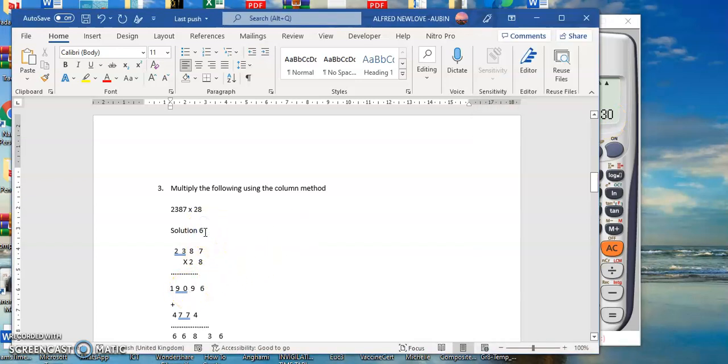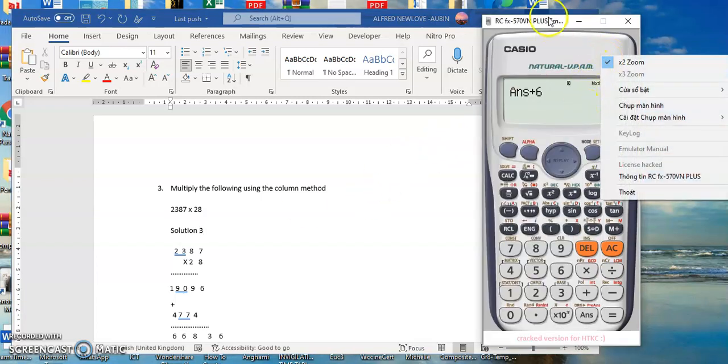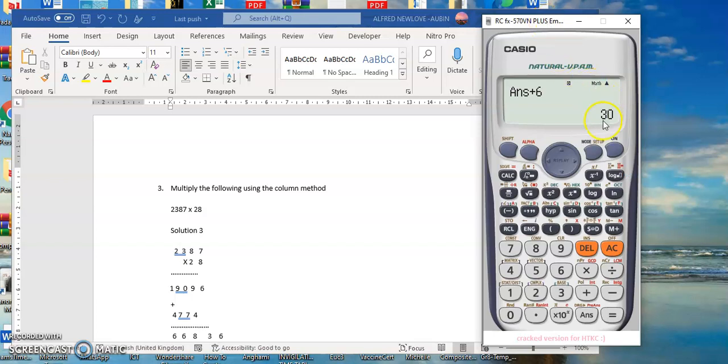Let's write the 3 here in order not to forget. Then 8 times 2, which is 16. We need to add 3 to it, so plus 3 gives us 19. So you write the whole 19 here. We are done with this one.